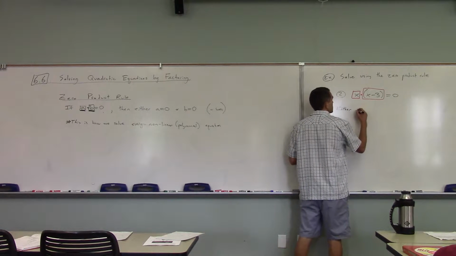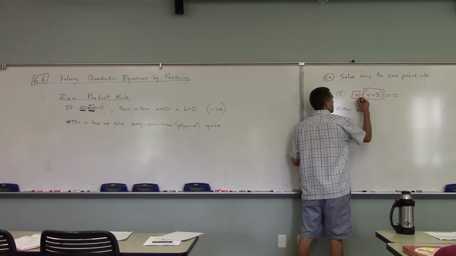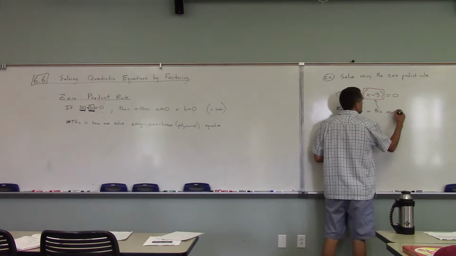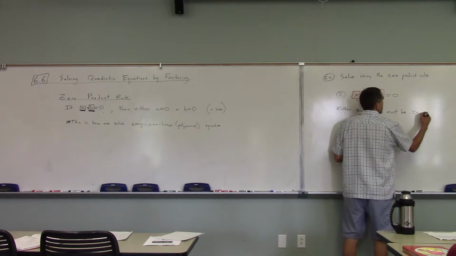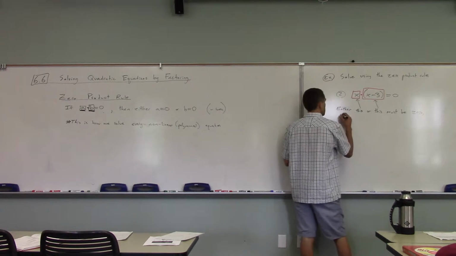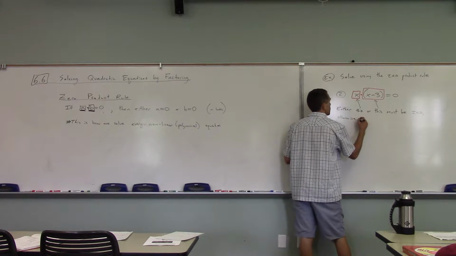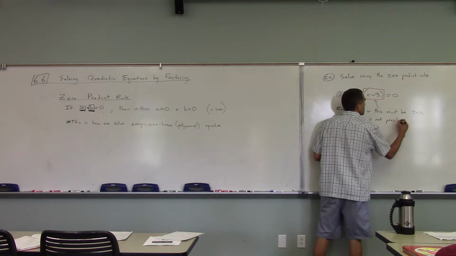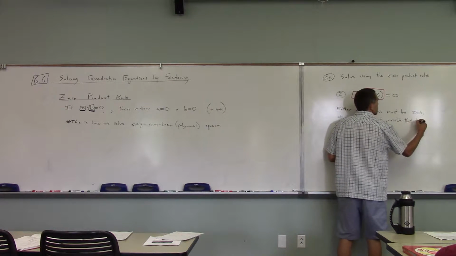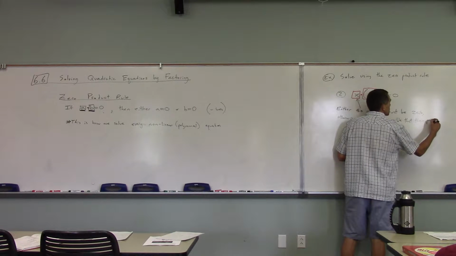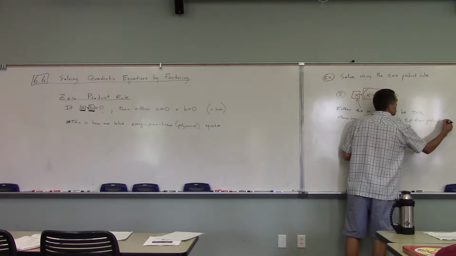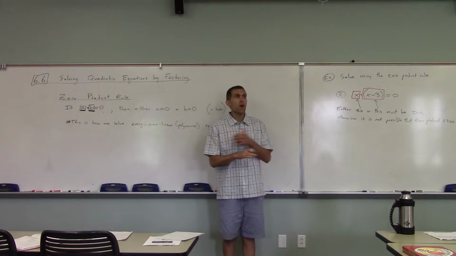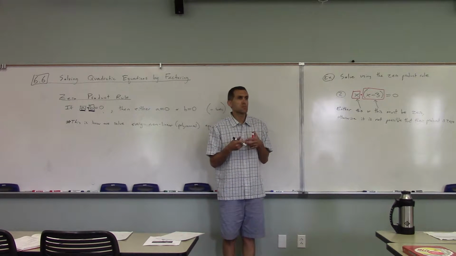So either this or this must be 0. One of them has to be 0, otherwise it's impossible that their product when multiplied together equals 0.